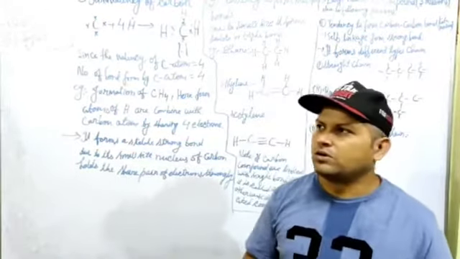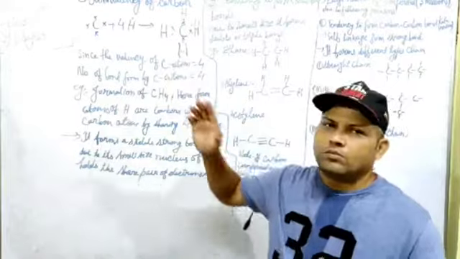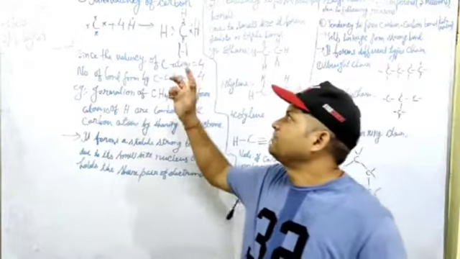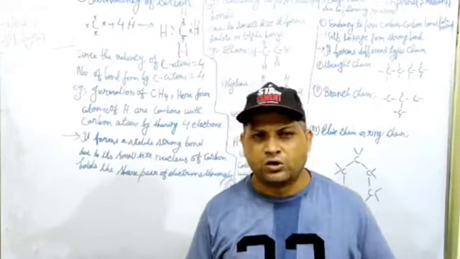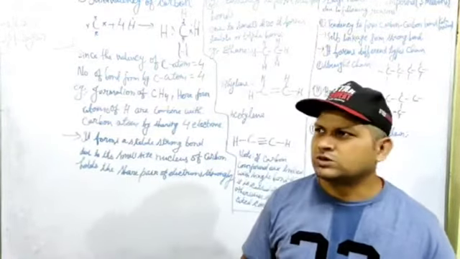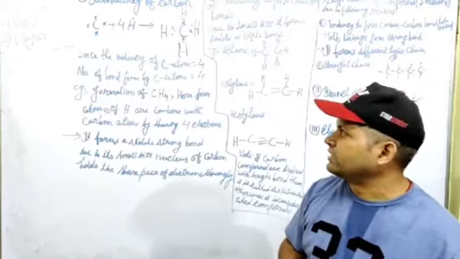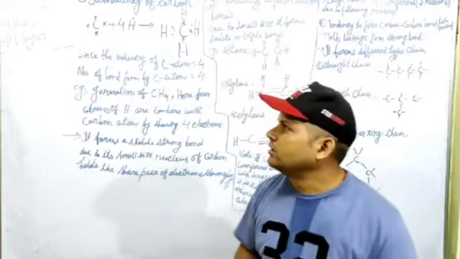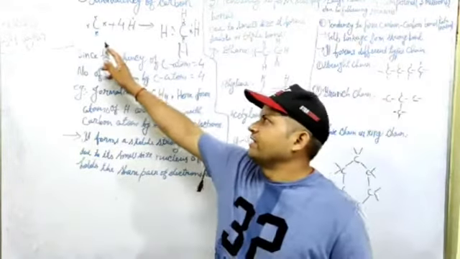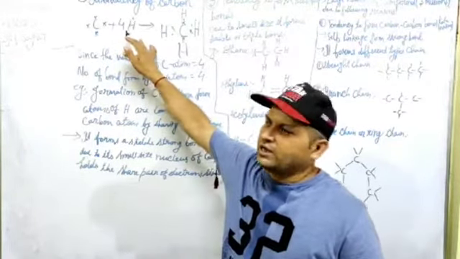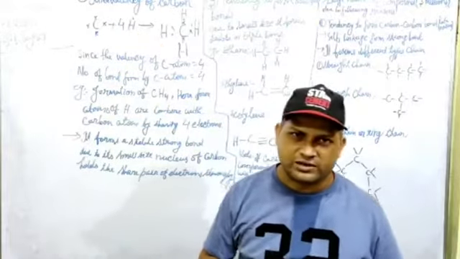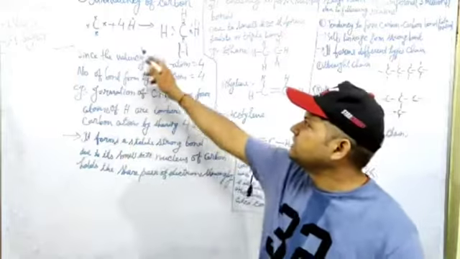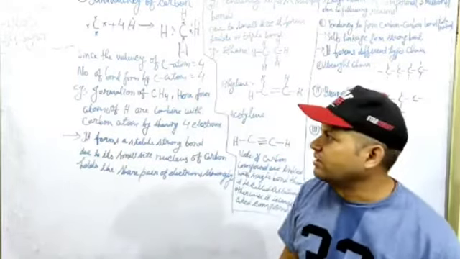This formation of 4 bonds is called the tetravalency of carbon because it can form 4 bonds with the same or different atoms. As for example, you can look at methane. Here 1 carbon atom can share its electrons with 4 hydrogen atoms, so that the formation of methane takes place, as shown here in the figure.